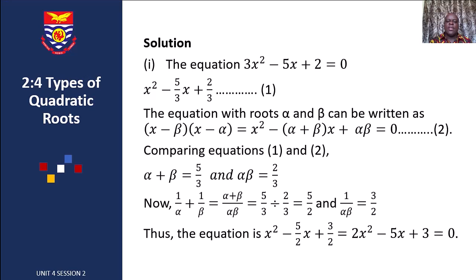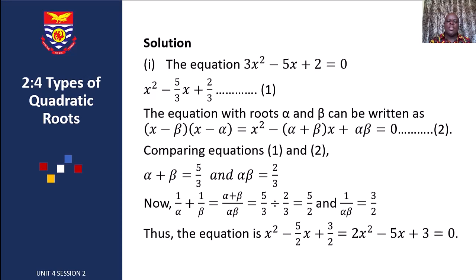Okay, so we now have the sum and the product of the roots. Now the roots whose equation we are to write is alpha, 1 over alpha, and 1 over beta. So we'll find the sum of 1 over alpha and 1 over beta, and we also find the product of 1 over alpha and 1 over beta.